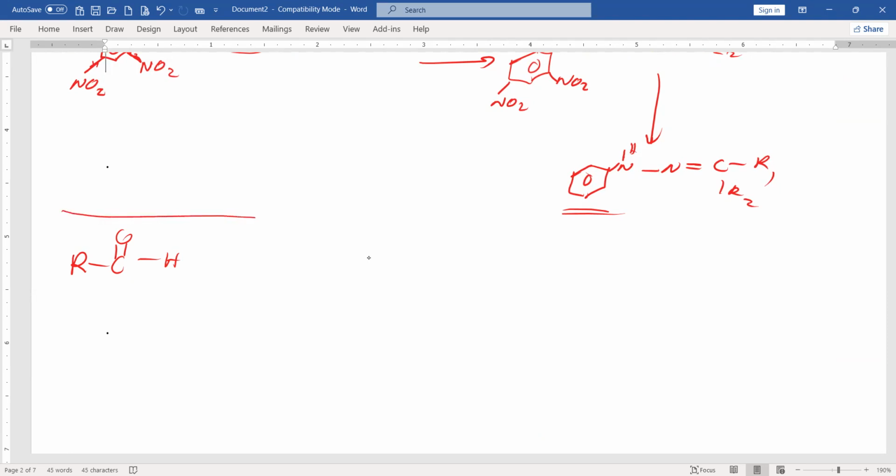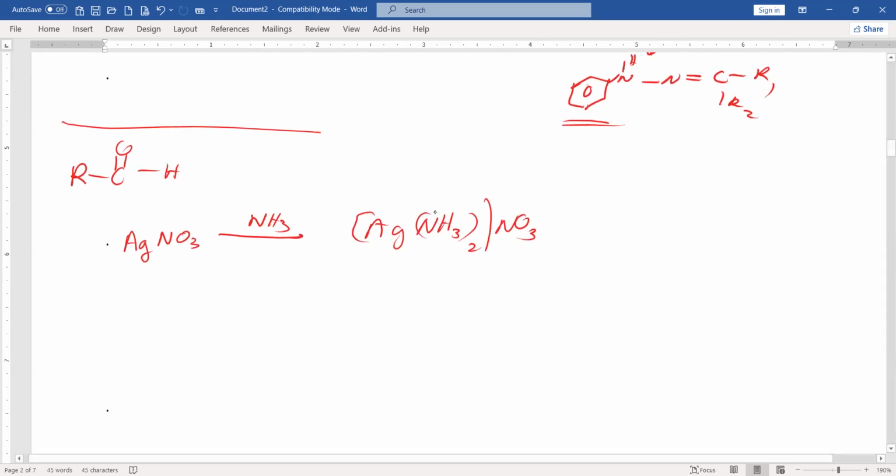Why do we use this ammoniacal silver nitrate? See, ammoniacal silver nitrate is Ag NO3. We add ammonia into this. Then it forms the Ag(NH3)2 NO3 complex.